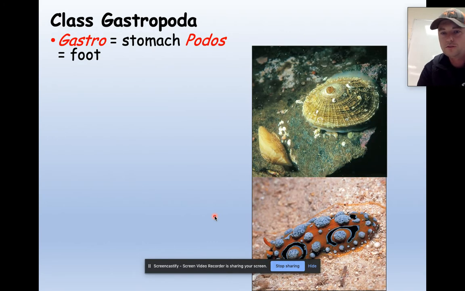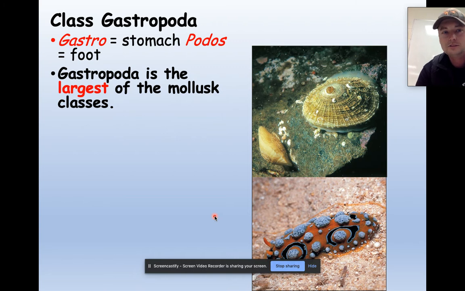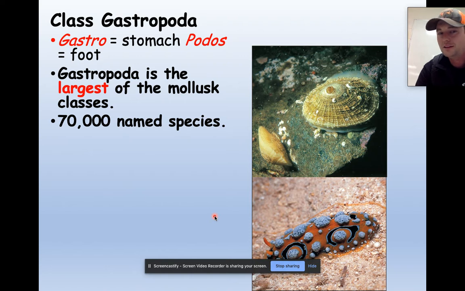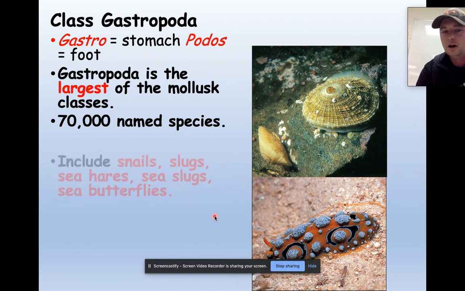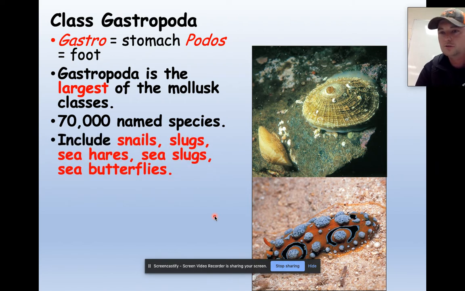We're going to look specifically at just three of the major classes, the first being Gastropoda. Gastro means stomach, so think of the GI tract, gastrointestinal. Podus means foot, so you go to the podiatrist for your feet. Gastropods are the largest of the mollusk classes, with over 70,000 species of snails and slugs, but also marine gastropods, including sea slugs and sea butterflies.